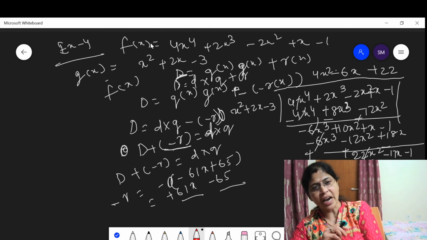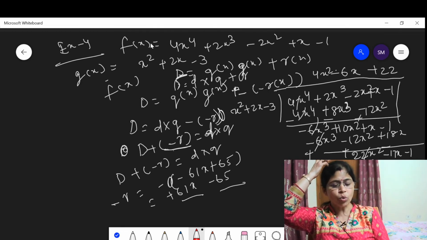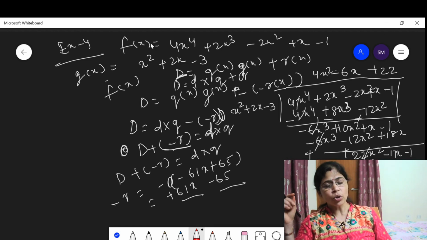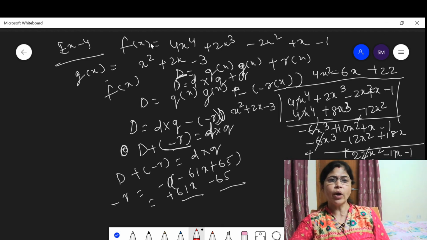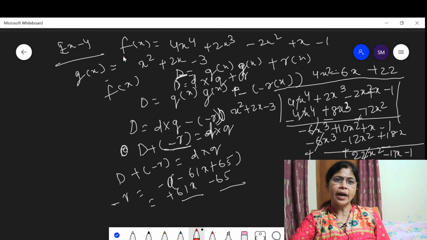The question says what should be added to f(x) so that it will be completely divisible by g(x).